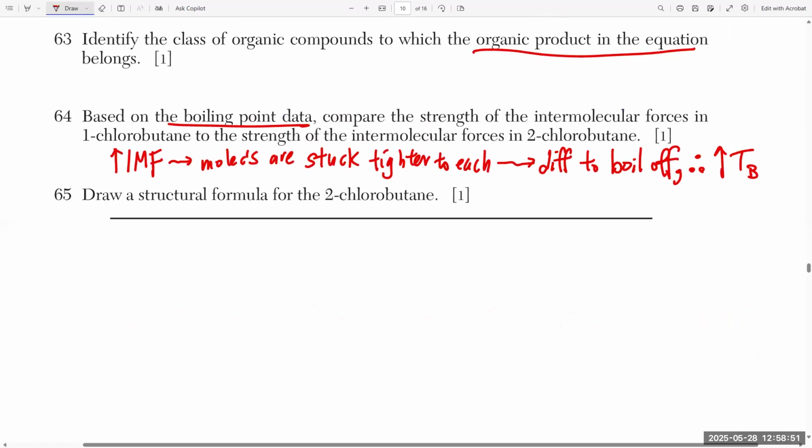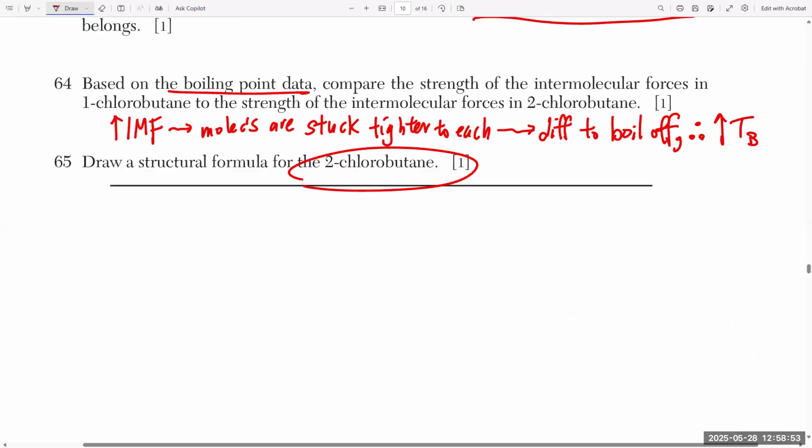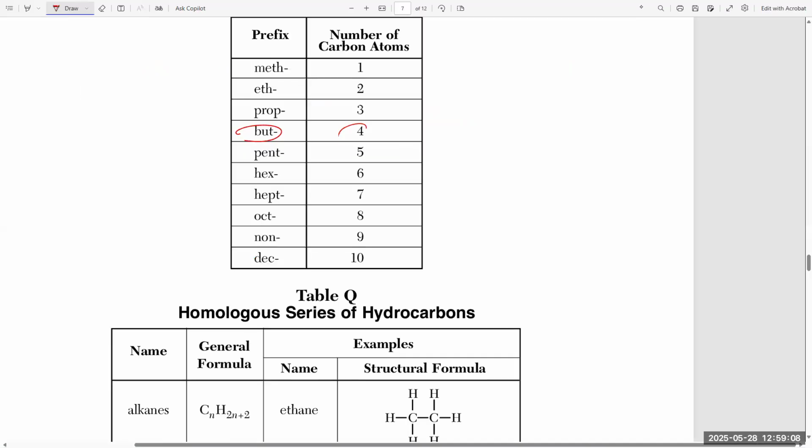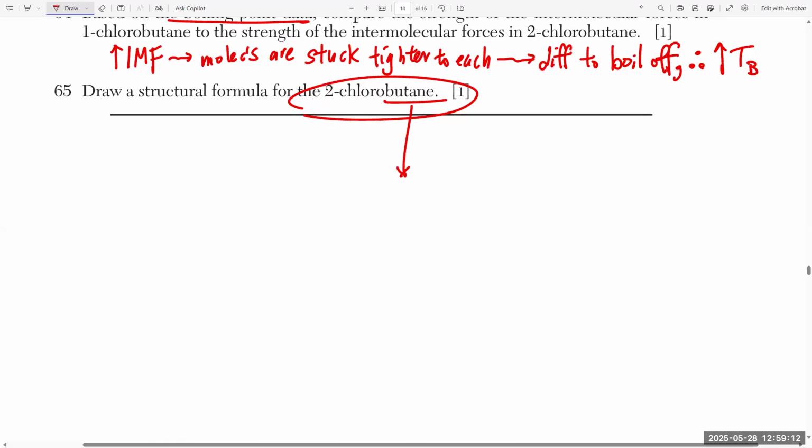Draw a structural formula for 2-chlorobutane. All right, so let's try to figure this out, right? Let's break this down. It's butane, right? But is what? And then you should know this. But means 4 carbons. So let's go put that down. 1, 2, 3, 4.